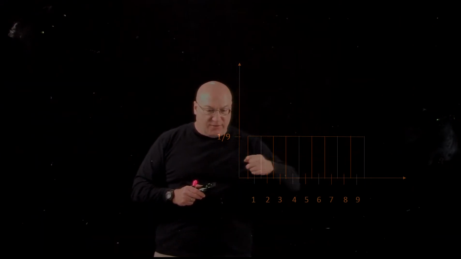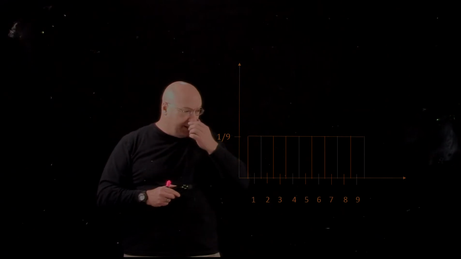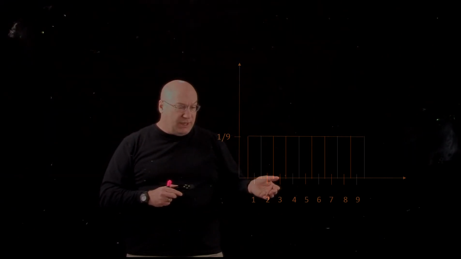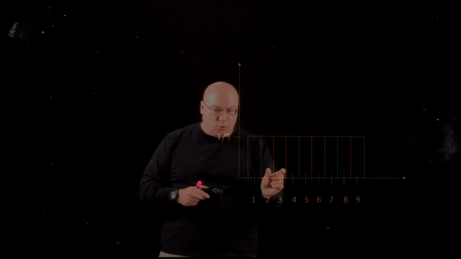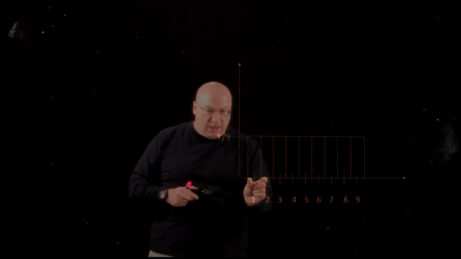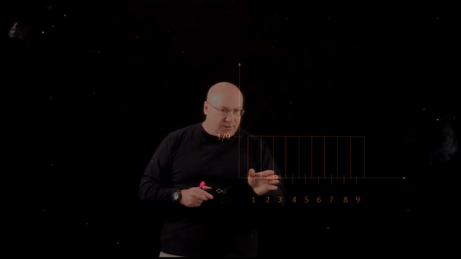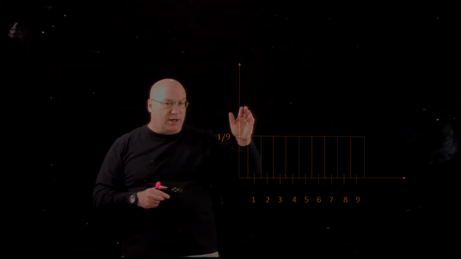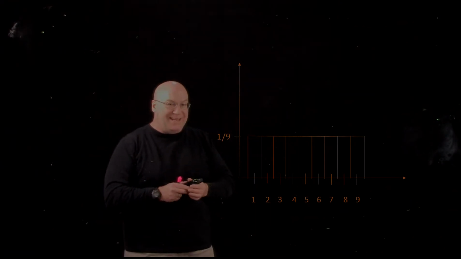I have a total of 9 of them. It's uniform again, which means they all have the same probability. What does that probability have to be? Well, I can think in terms of area again because the widths of the bars are 1, but really I just want to think that I have 9 total values. Probability is equal. If it's got to be a total probability of 1, as it always has to be, the height has to be 1/9.